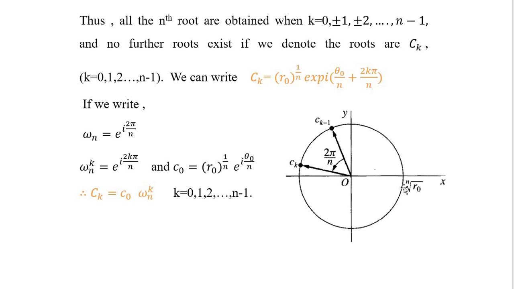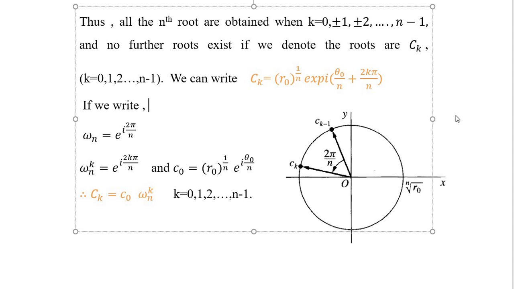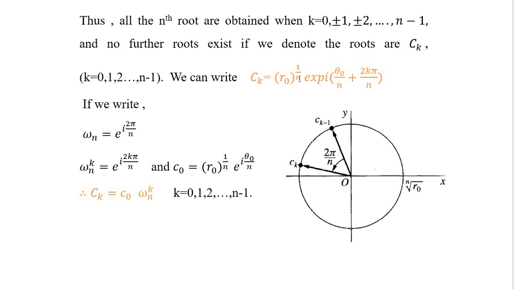So r0 nth root, and the radians having 2 pi by n, that is the angle 2 pi by n. In general we may write the nth root as ck equal to r0 whole to the power 1 by n exponential of i into theta naught divided by n plus 2k pi by n. So this is the nth root for any complex number.